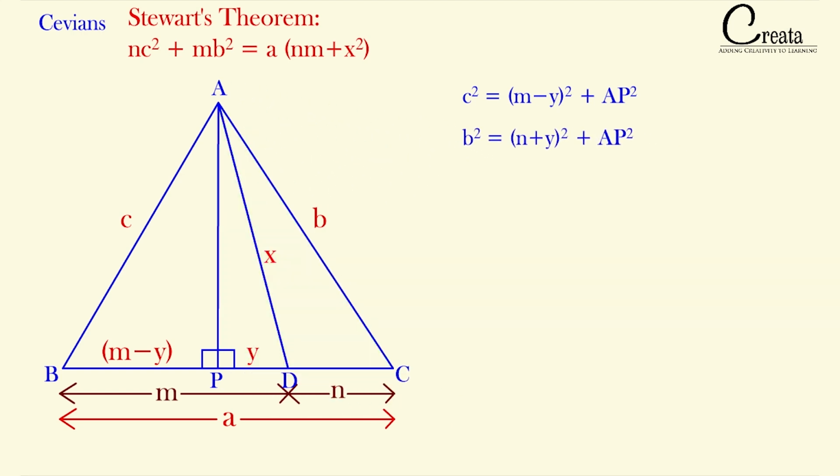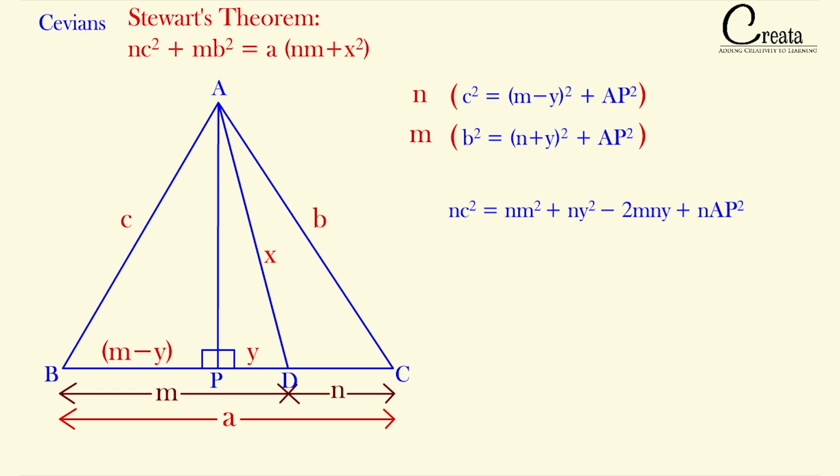Let's move further. Let's multiply n into the first equation. Similarly, let's multiply m into the second equation. The first equation will turn out to be n c square is equal to n m square plus n y square minus 2mny plus n times AP square.